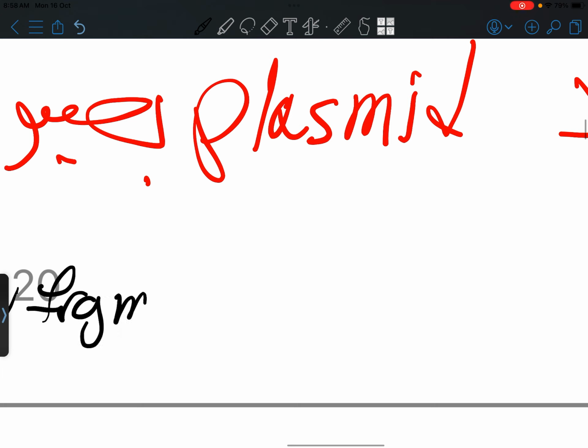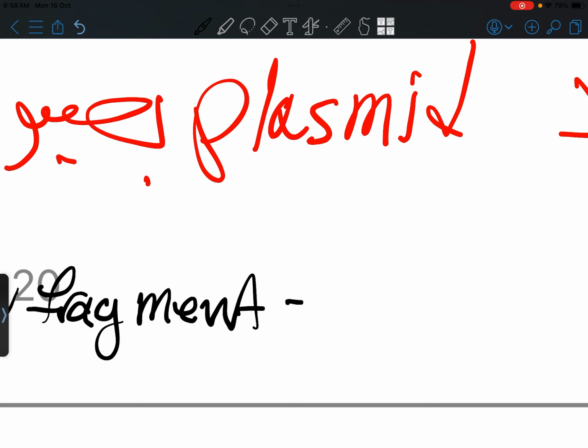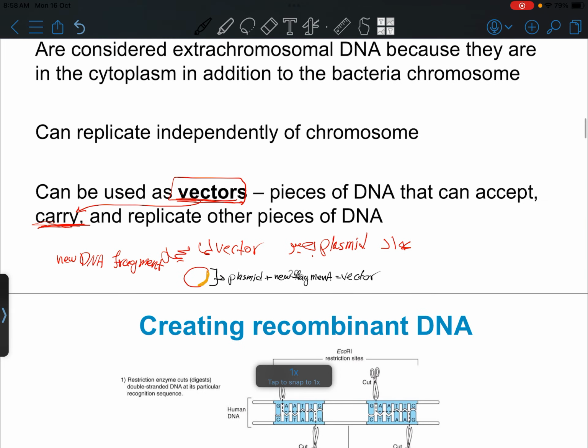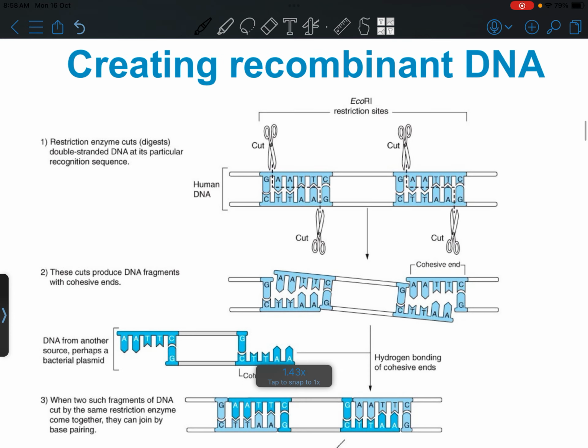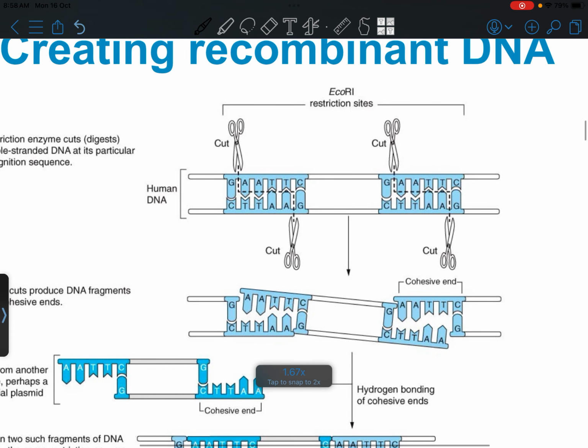So the first step is to cut the human DNA and cut the plasmid DNA with the same restriction enzyme. Here in this example, it's EcoRI. Why? Because the same restriction enzyme used to cut the human DNA that we want to clone into a plasmid DNA generates what? The same sticky ends. So here, we have two cohesive ends, or sticky ends, of the human DNA.